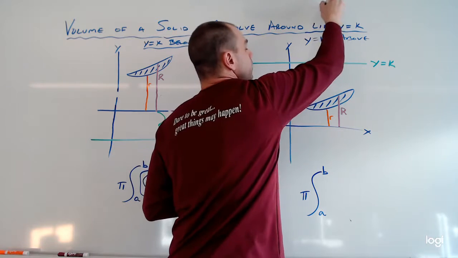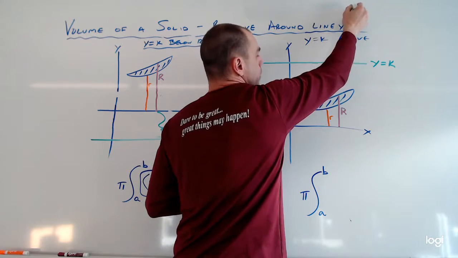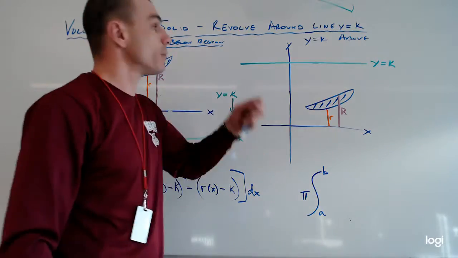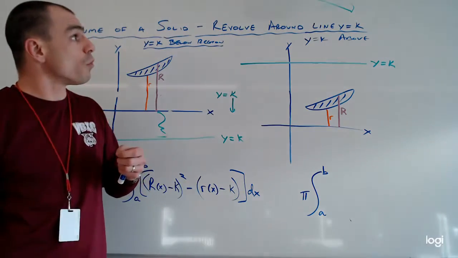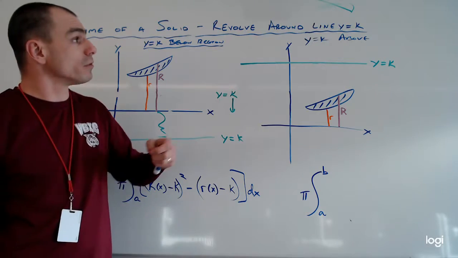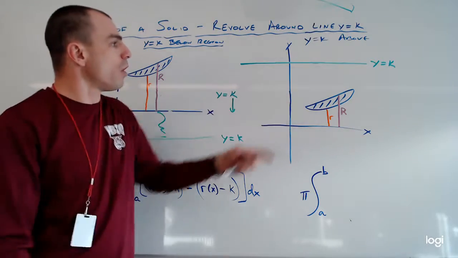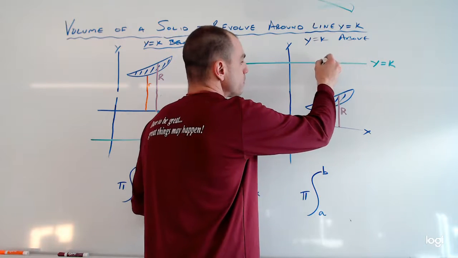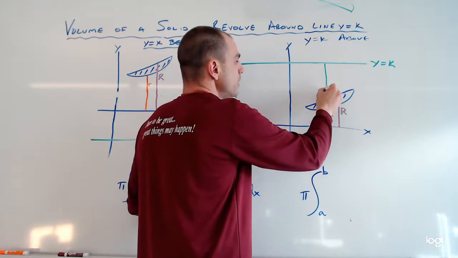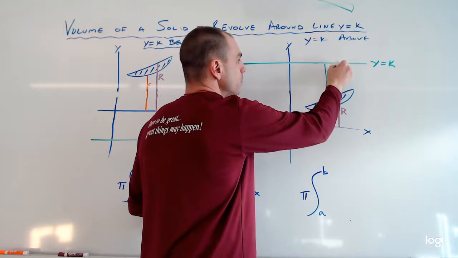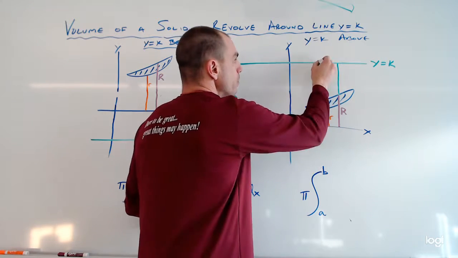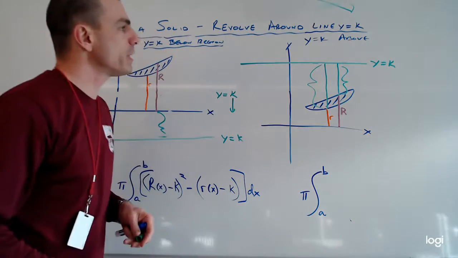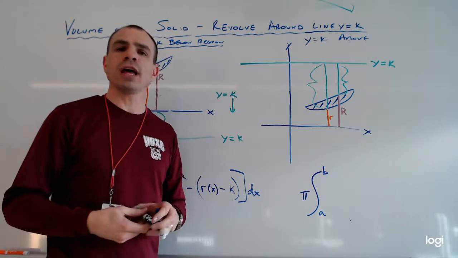We have this rather long radii, because there are these green lines, I should say. These green lines that I'm drawing right here, those are the radii we're interested in. How do we get the length of those green lines?